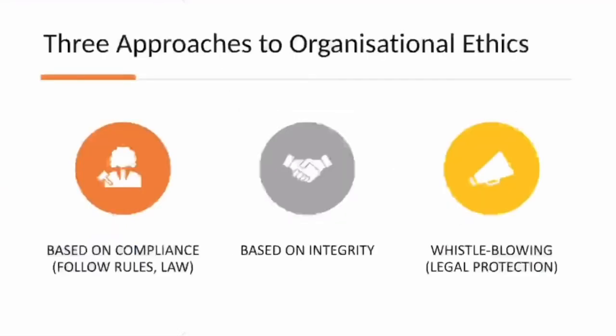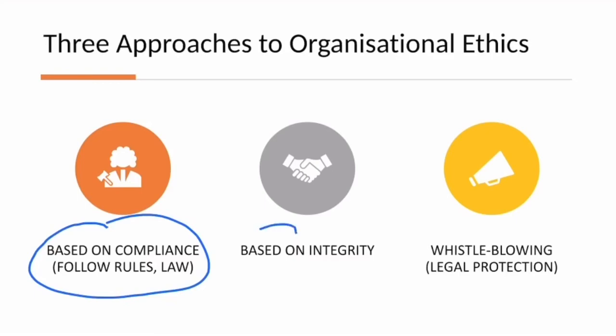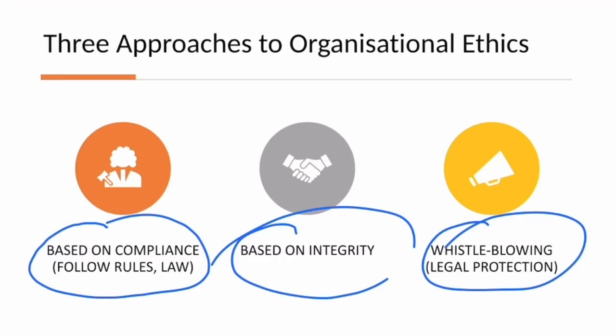So three approaches to organizational ethics can be seen here. First of all, it should be based on compliance, for example, legal rules, policies and regulations. It is also based on integrity and whistleblowing. Now, many of you may not know about whistleblowing, so have a look at whistleblowing, and the result can be seen in the notes below.